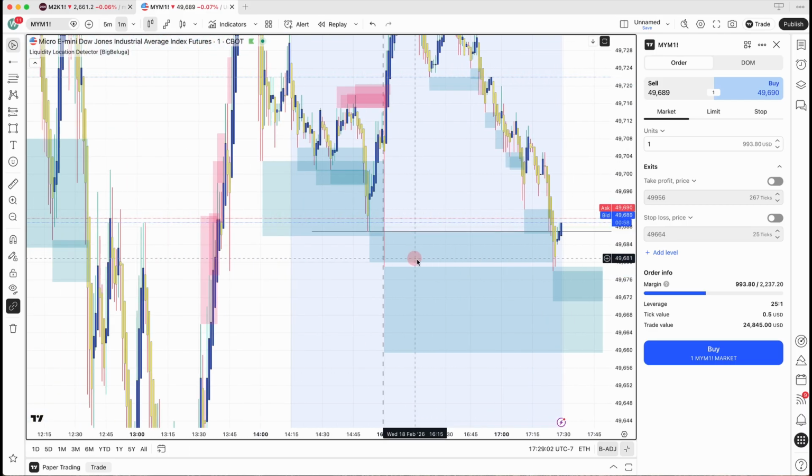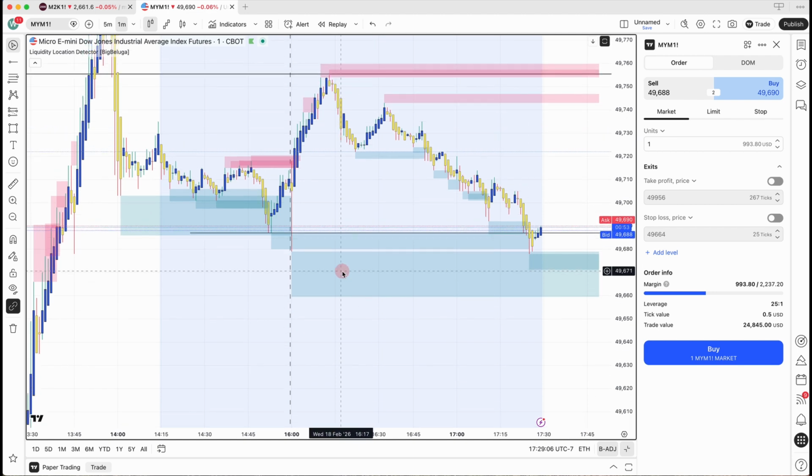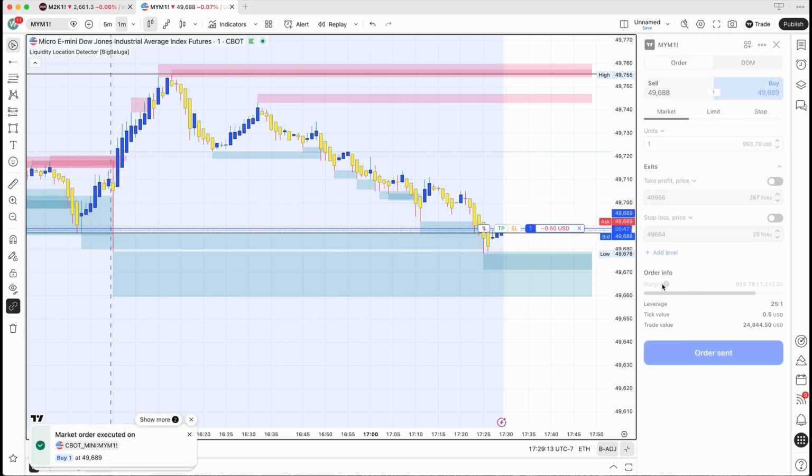I mark out previous highs and lows on the 5 or the 15-minute, and then when it breaks into liquidity and comes back up, I do a buy, which I just did.